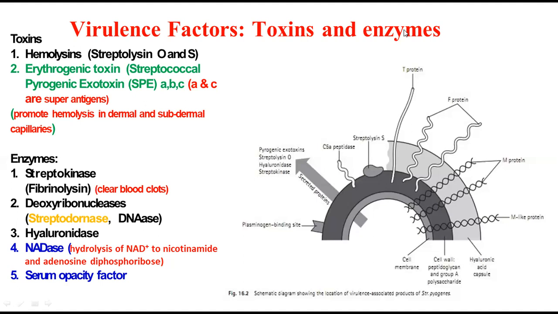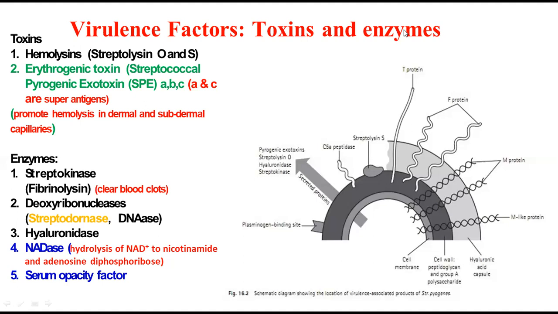The pyrogenic toxin, mainly the B toxin, can also promote hemolysis. It is not like hemolysin that directly causes hemolysis, but it can promote it, helping hemolysin in a certain environment to destroy the RBCs.